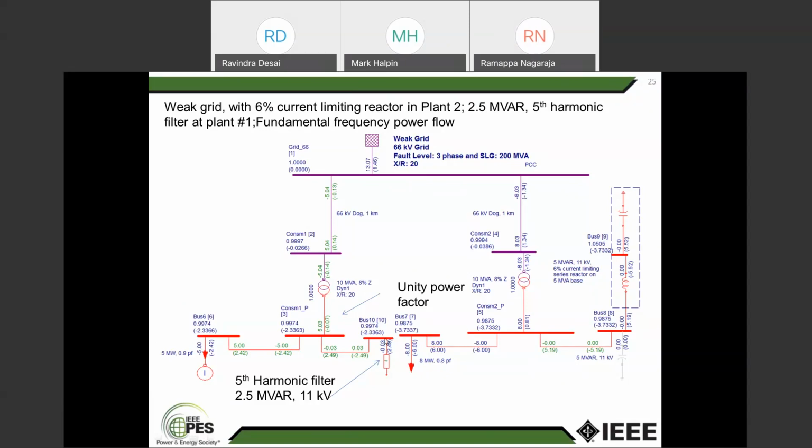The advantage is that you'll be able to maintain a better power factor. Therefore, we need to design a fifth harmonic filter here, which is going to act at 2.5 MVAR at fundamental frequency, and at the fifth harmonic it is going to resonate, so that you are going to have a unity power factor and maintain a very good power factor here.